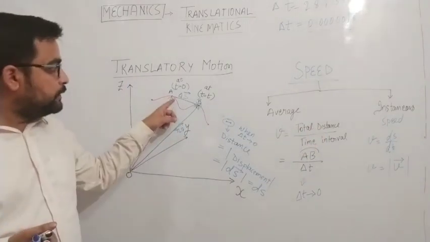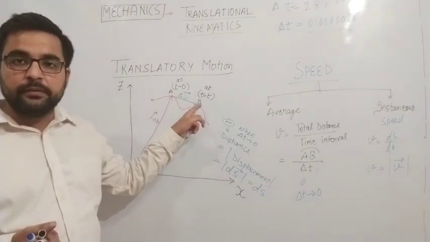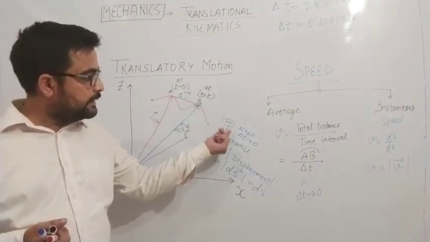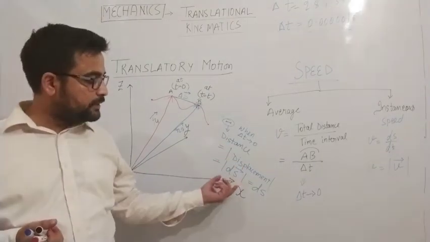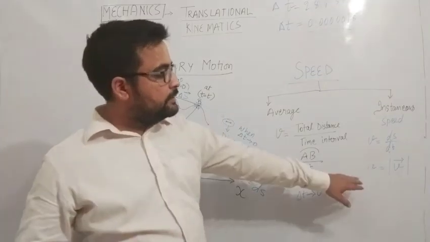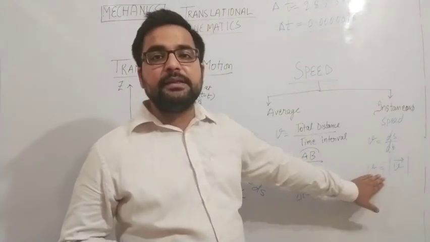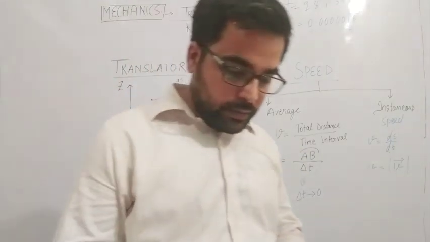Why? Because the total distance is different from total displacement. But when we talk about instantaneous values, distance and magnitude of displacement become equal, and then we can say the instantaneous speed is equal to the magnitude of instantaneous velocity, right?